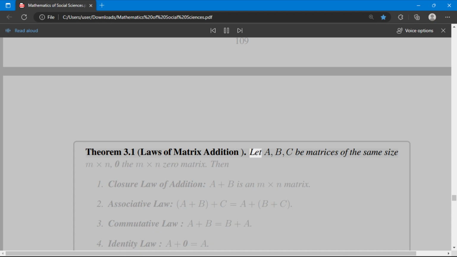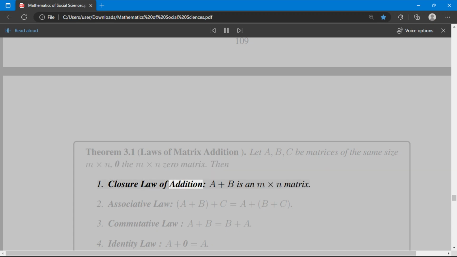109. Theorem 3.1. Laws of matrix addition. Let A, B, C be matrices of the same size m times n, and 0 the m times n zero matrix. Then 1. Closure law of addition: A plus B is an m times n matrix. 2.